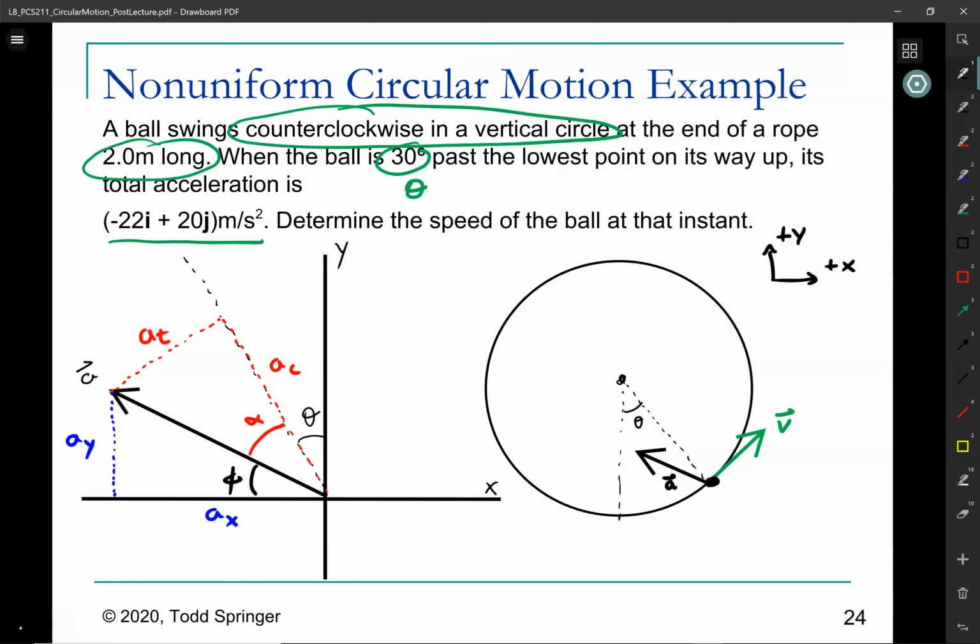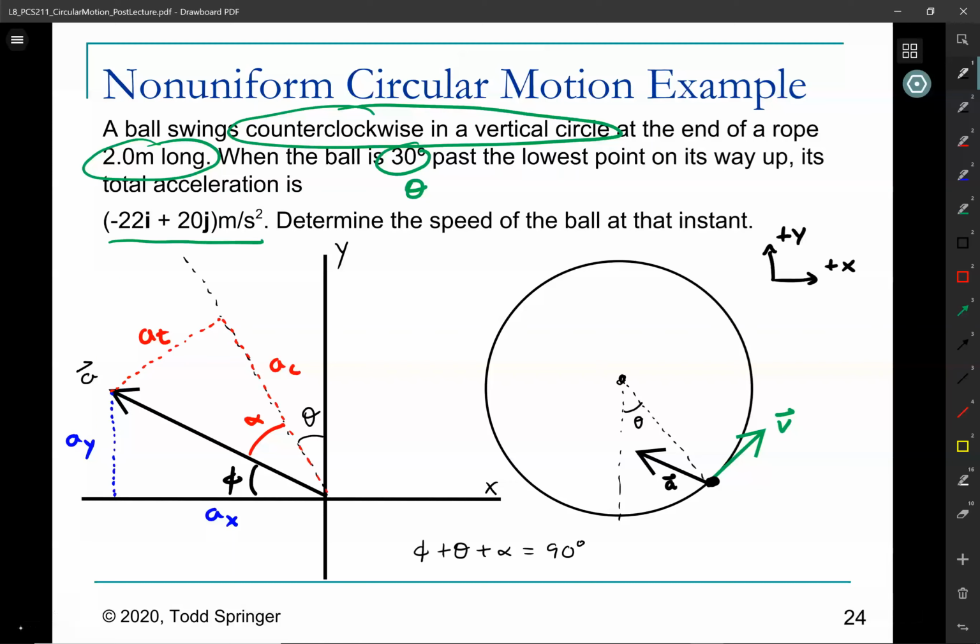Phi we know, so you can easily figure out phi given this information. Furthermore, I know that phi plus alpha plus theta is 90 degrees, pretty clearly from that picture. So that can give me alpha.